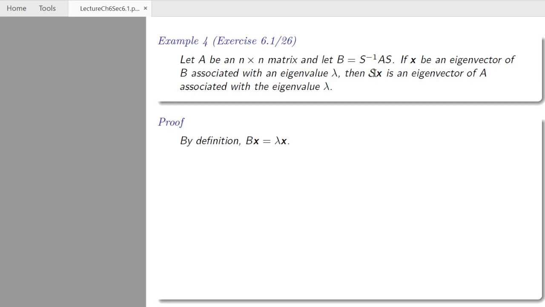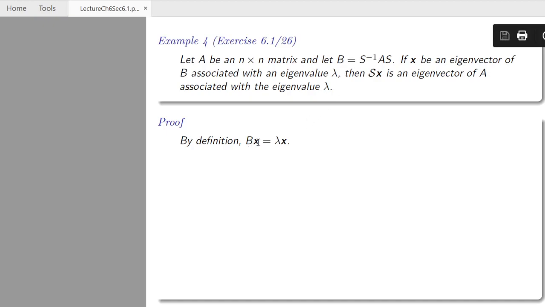To prove this, we start with the assumption. We say x is the eigenvector of B associated with the eigenvalue lambda, so we can write this statement by the equation B times x equals lambda times x. And then what we're going to do next is replace B by this form.